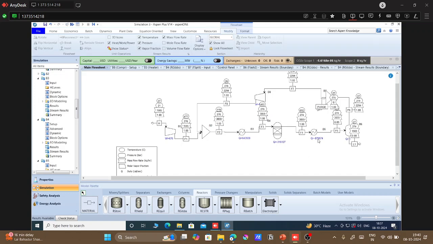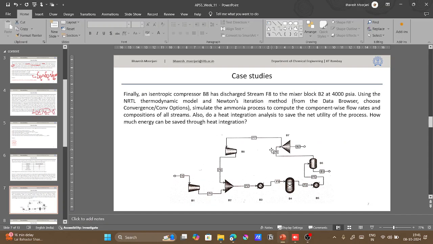So there is a possibility for us to do a heat exchange between these, to do a heat integration analysis, as has been asked in our question, to save the net utility of the process and find how much energy we can save.